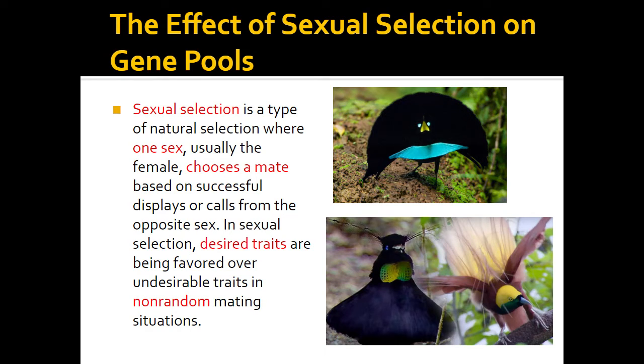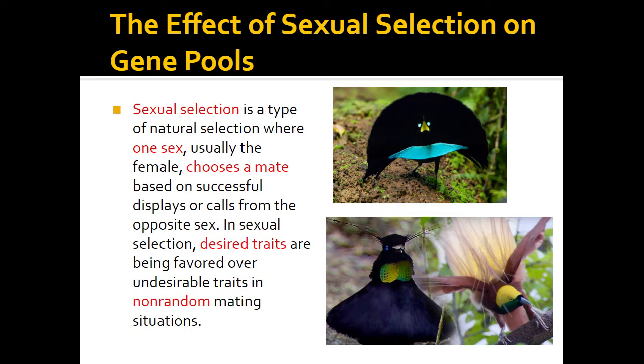So sexual selection is where one sex chooses a mate. Normally in nature, it's the female that gets to choose the mate. And if you've watched our videos with the birds of paradise, like they're shown in the picture, we've seen that the male has to do some sort of exotic dance or puts on a show or has just crazy weird feathers and other body traits that it's trying to show off and get that female to choose him.